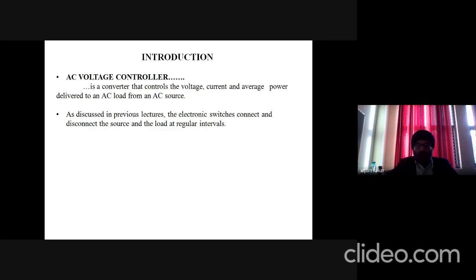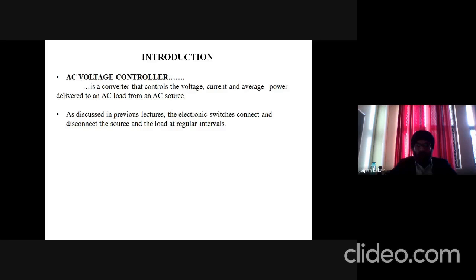So an AC voltage controller is basically a converter which converts AC into AC and controls the voltage, the current, and the average power which needs to be delivered at the AC load supplied from the AC source.